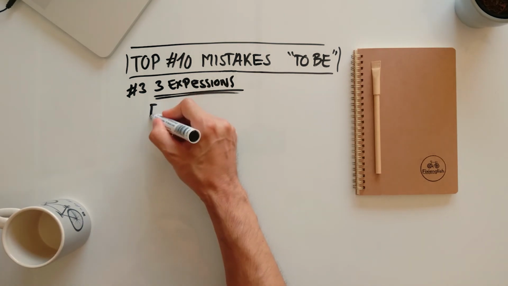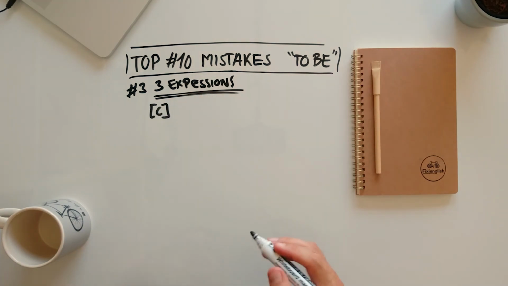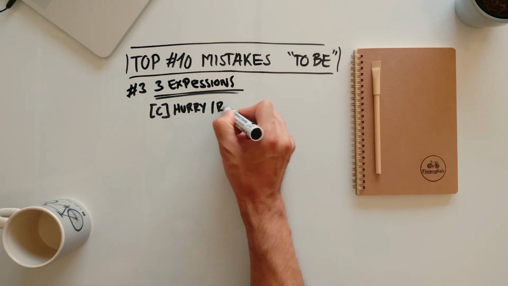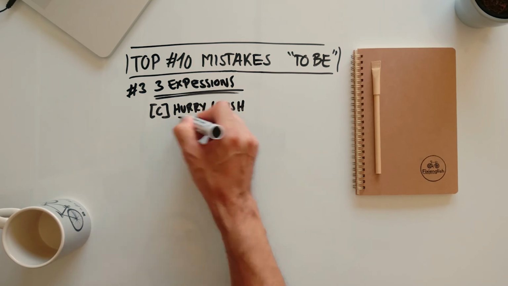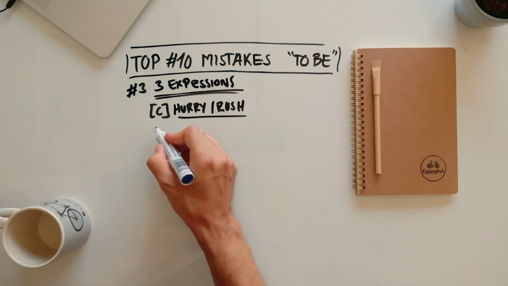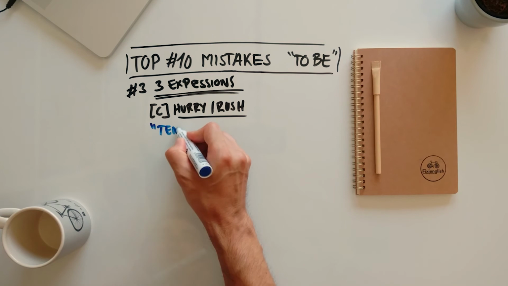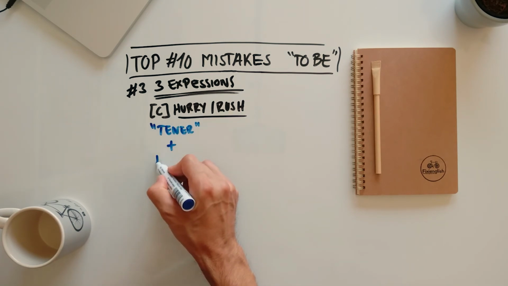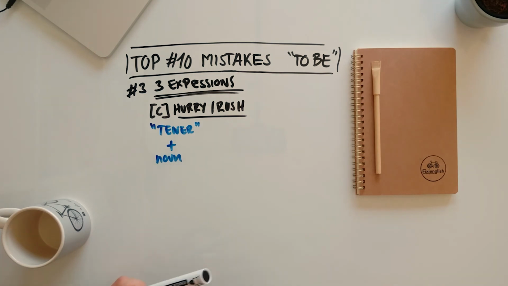And the third sentence we'd like to highlight is when we are using the verb to be to express hurry or rush. Now, in Spanish, yet again, we would use the idiomatic expression that combines the verb tener followed by a noun.